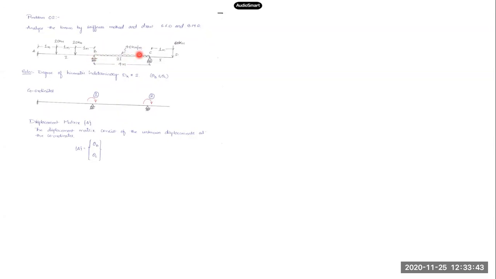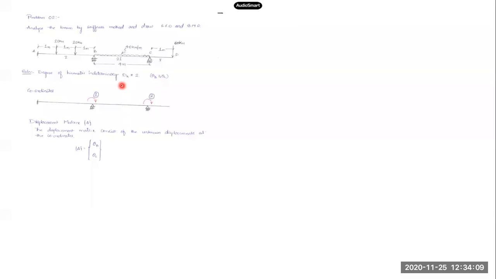If I know theta B, theta C, rest other displacements can be calculated. So these are independent displacements, theta B and theta C. So that tells me that the degree of kinematic indeterminacy dk is 2. Okay, so dk is coming out to be 2, and the unknown displacements are rotation at B and rotation at C over here.